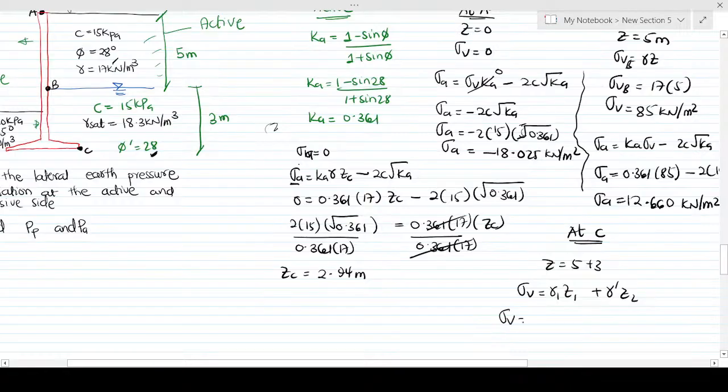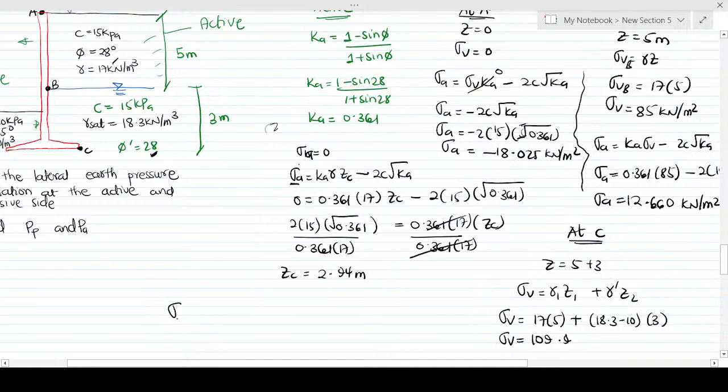So it is 17 by 5 plus the effective, which is 18.3 minus 10, times 3. So 17 by 5 plus 8.3 multiplied by 3, and that gives me 109.9.